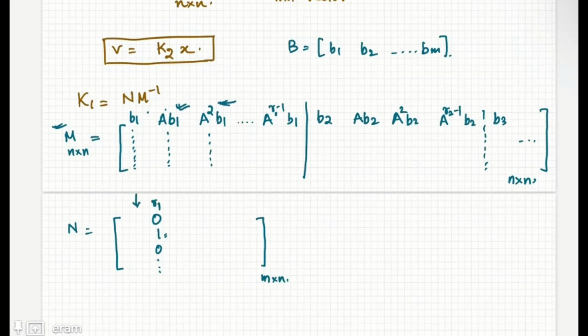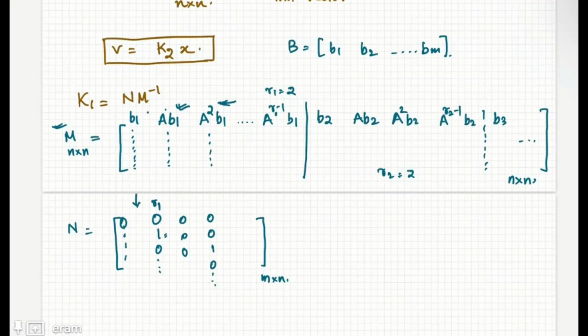So suppose r1 here is 2, then we will write this 0 0 0 0 0, and the second will be this 0 1 0, and then if r2 is 2, then this will be 0 0 0 first, and then second will be 0 0 1, and then 0 0.